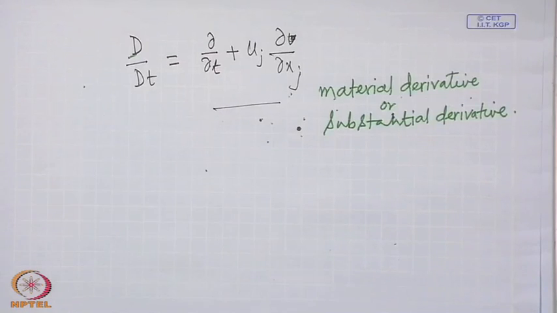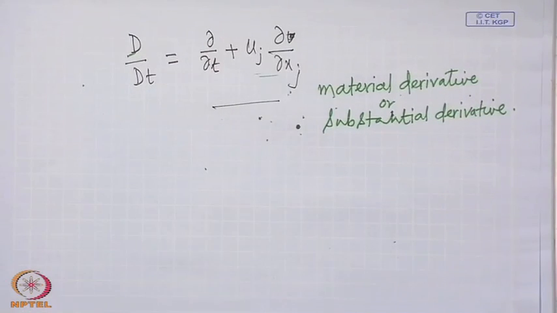Now, look at something special. Think the flow is steady. We have already defined the flow is steady when u is independent of t. Now, what will happen then? The first term is 0, but this is not 0. So, a steady fluid flow does not mean that it has no acceleration.